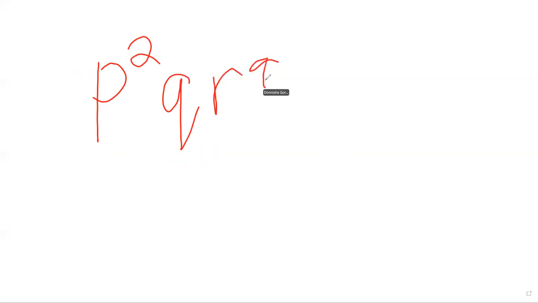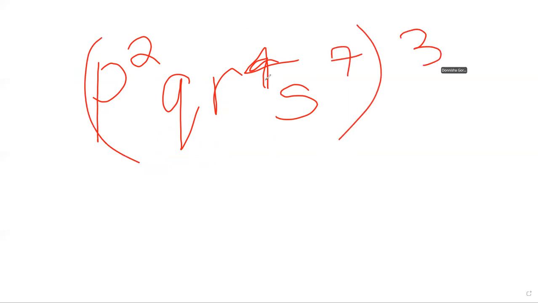Next up, we have p squared, q, r to the 4th power, s to the 7th power, and all of that is being cubed.